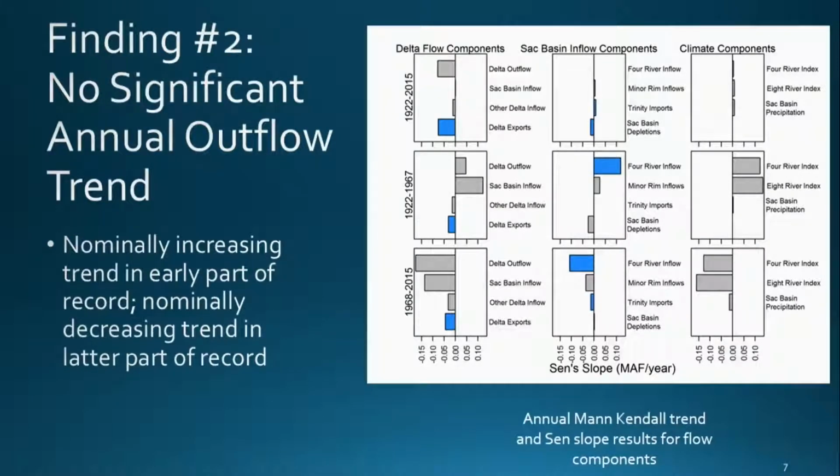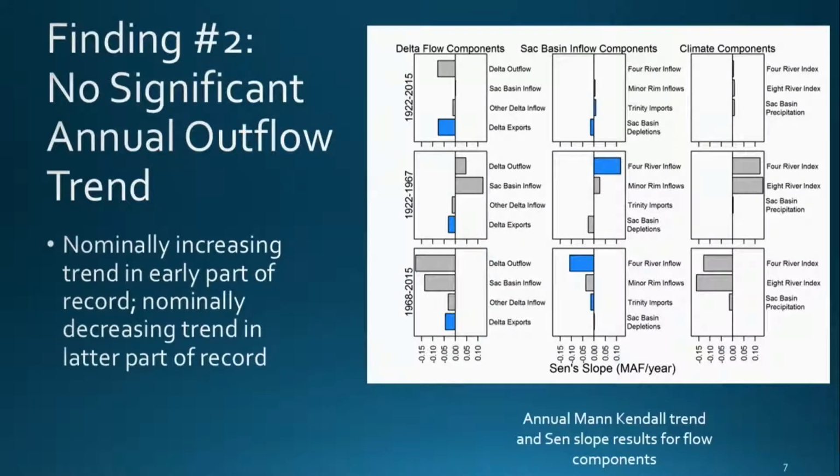So again, a lot of information on this slide. This time I'm just going to have you look at the left-hand column, and specifically the delta outflow. Really, the quick answer here, for some of you that maybe haven't been looking at the data a lot, it might be surprising: over the 9-decade period, there isn't a statistically significant trend in delta outflow on an annual basis. Now, I think a lot of the explanation for that is that the hydrologic variability in the system is huge.